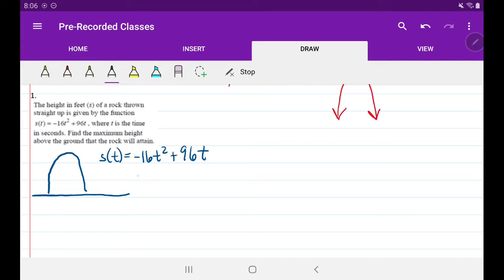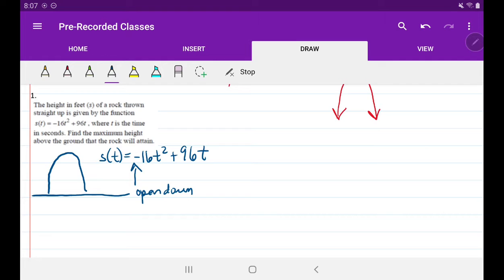This function is a good model of the parabolic path that the rock takes, because if you notice, our a term is negative, and you know a parabola that has a negative a term should open down. That's what I've drawn, this parabolic path for a rock that's opening down.